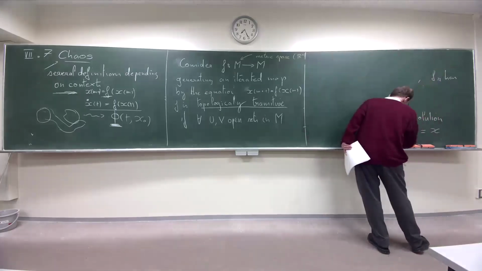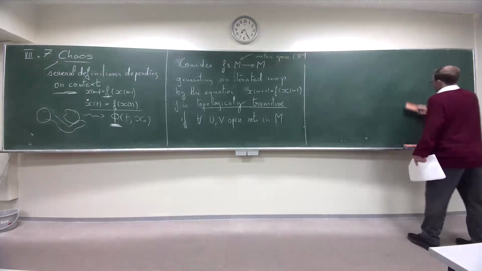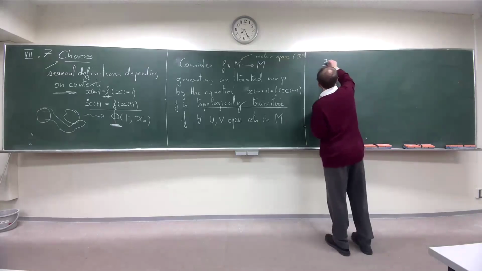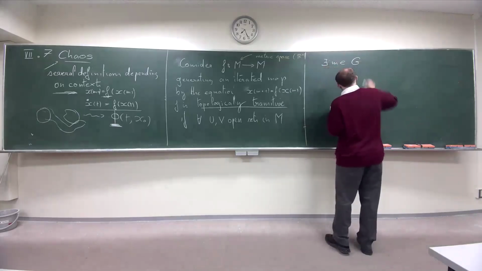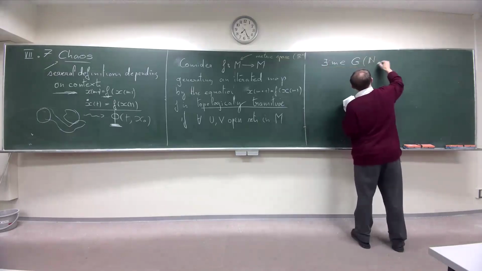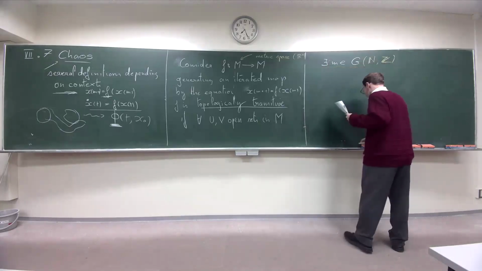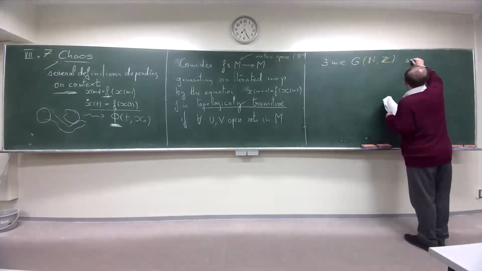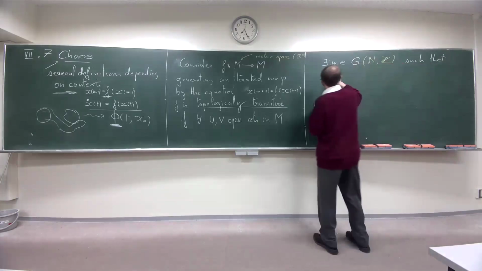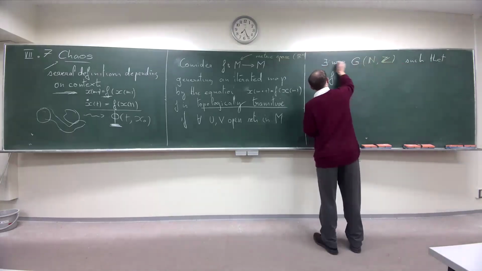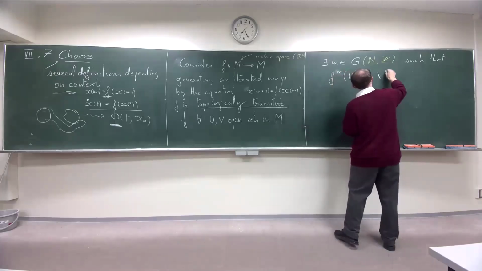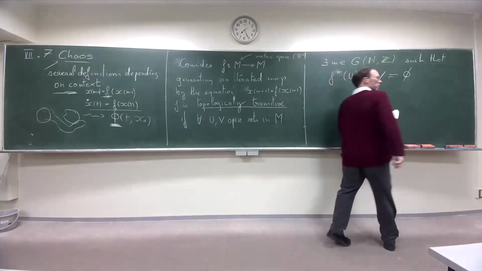The empty set is open, but I don't want it. So for U and V open sets, there exists m, I come back to G, but G, remember, is simply either N or Z, so that we apply f m times to one of them, and its intersection with the other one is not empty.